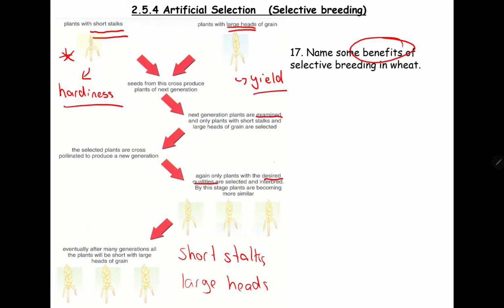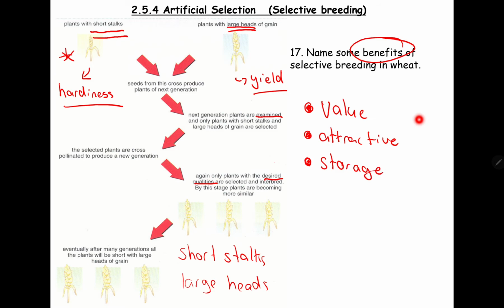So other possible advantages are increased value of the food. The food may be more attractive to look at, therefore it's more likely to sell in the shops. They might want to grow it in a certain shape or a certain style, so that's actually, believe it or not, better for storage, so better storage properties.